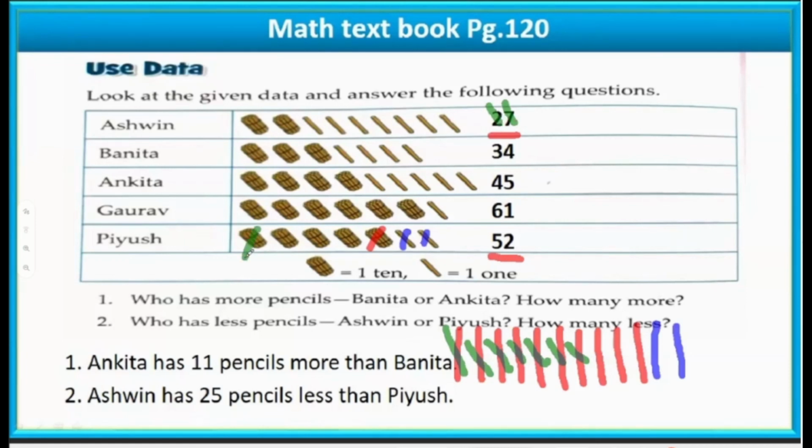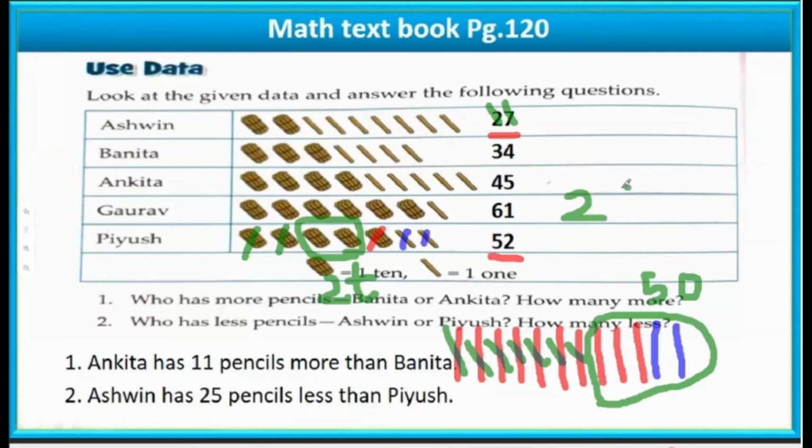Now let's count how many bundles and how many separate sticks are left out. 2 bundles, that makes 20, and 5 separate pencils, that is 5 ones. 2 tens and 5 ones, that is 25.